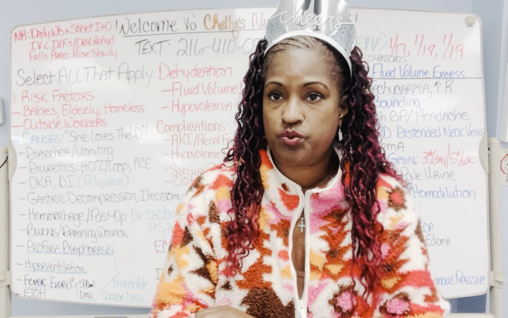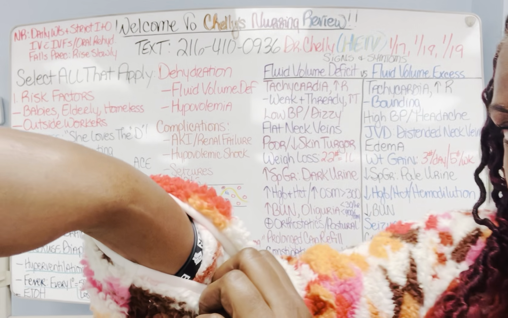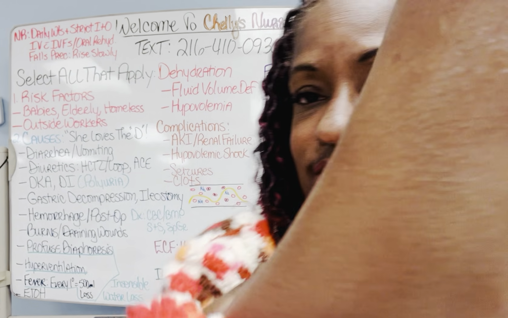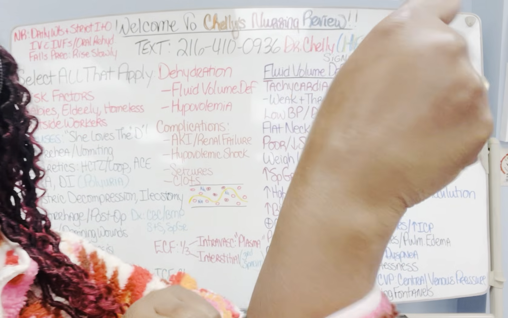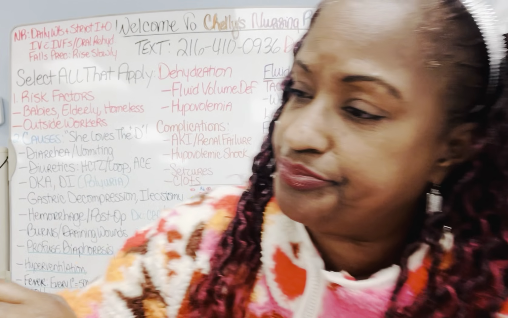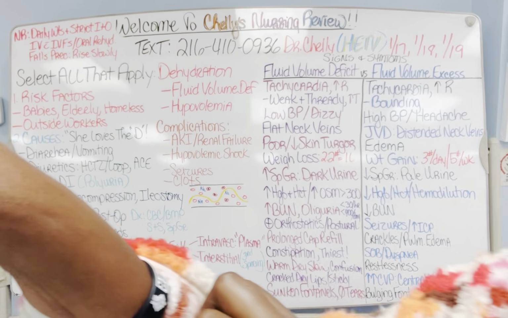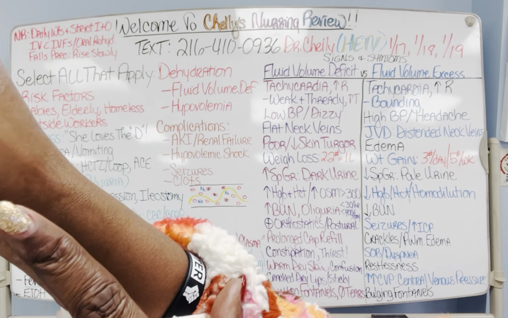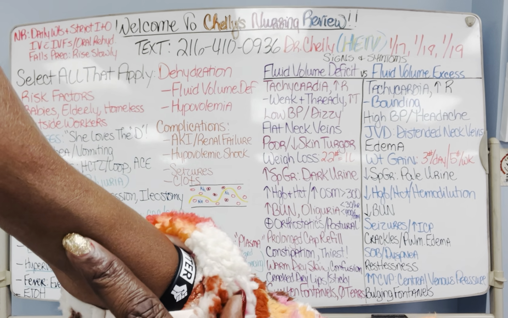So I'm going to show you real quickly. I don't know if it shows up on the video, but if you were to look at my arm, I just don't know if you can see that. But anyway, I got good veins, okay? I got a nice juicy one right there.